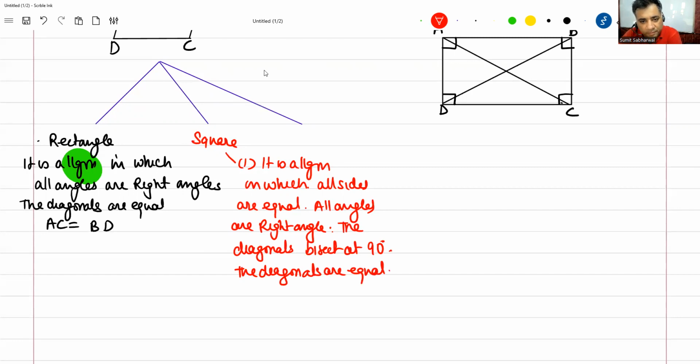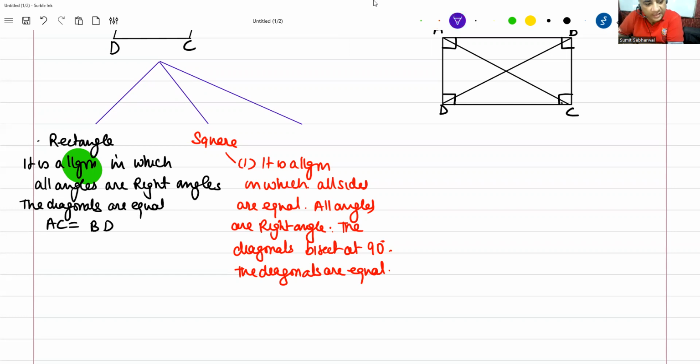Okay. So the diagonals are also equal in case of a square.